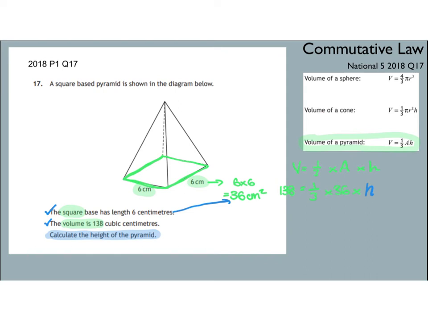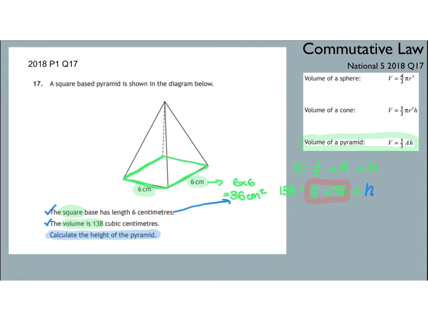Okay, so this is one where we need to do a wee bit of rejigging before we can get this. So I'm just having a wee think. What am I going to do first for this? Right, I'm thinking that finding 1/3 of 36, I could do that.